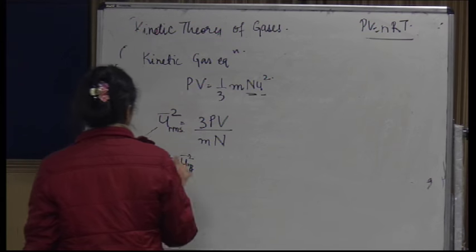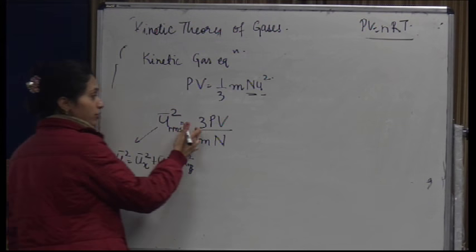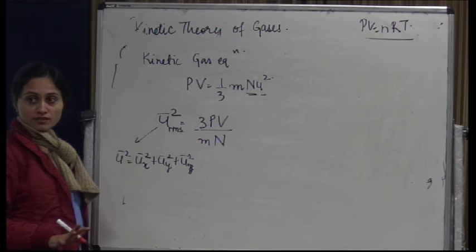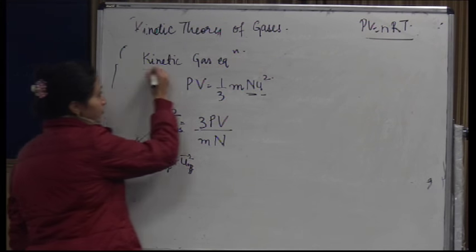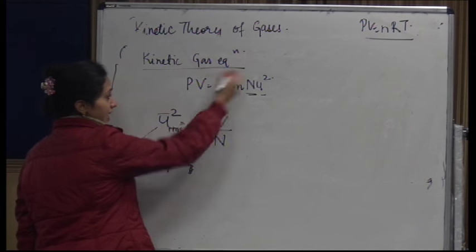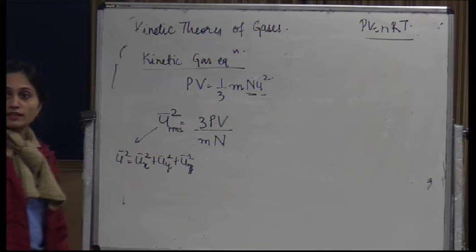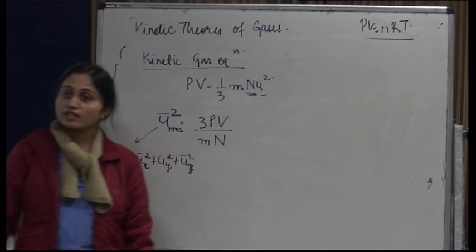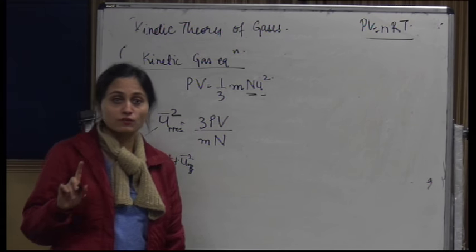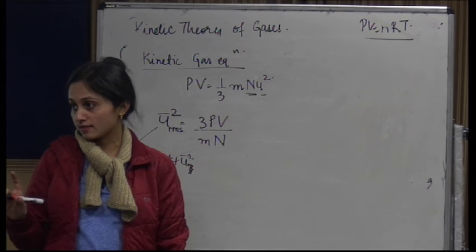So you have your u RMS square equal to 3PV by Mn. You can remember that, and this is taken from your kinetic gas equation. This kinetic gas equation is similar to your ideal gas equation, and it is again followed by all ideal gases.